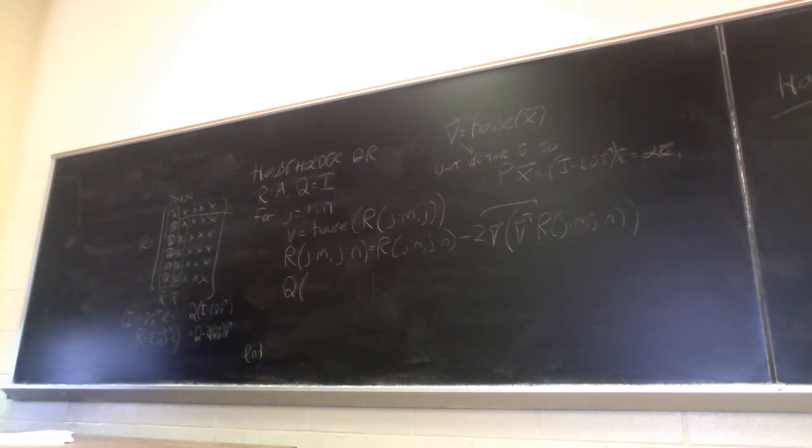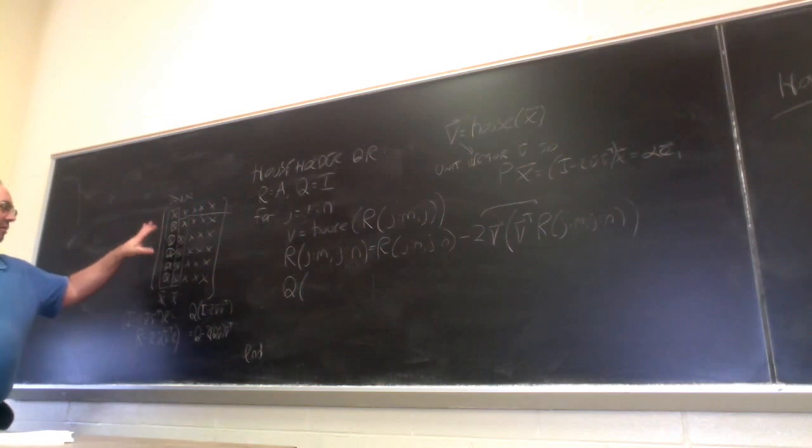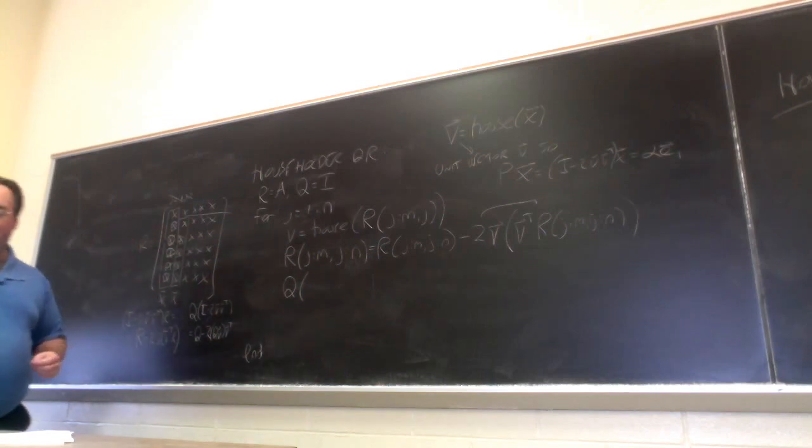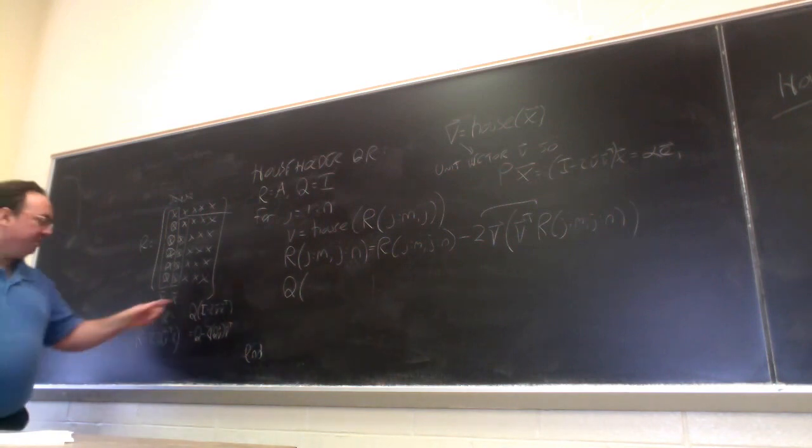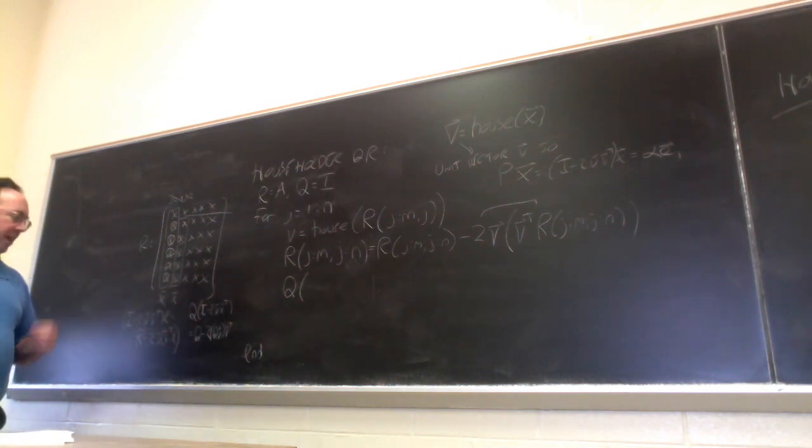Now, what's going to happen in this case is what I was doing with rows when applying to R is being done with columns when I'm applying to Q, just because it's happening on the opposite side.